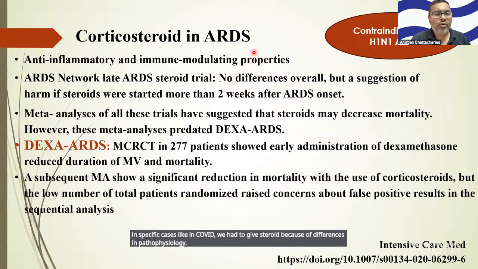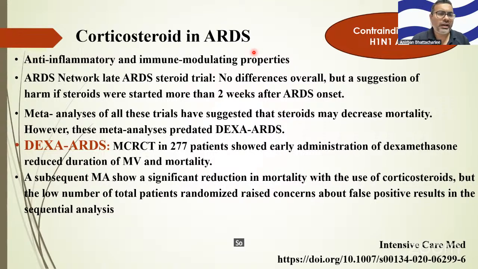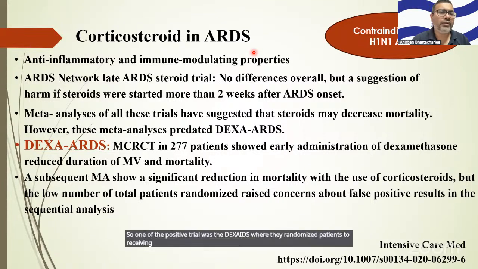One of the positive trials was DEXA-ARDS, where they randomized patients to receive early dexamethasone versus placebo in around 277 patients, and found an improvement in duration of mechanical ventilation and mortality in ARDS patients. A subsequent meta-analysis found reduction in mortality with the use of corticosteroids.